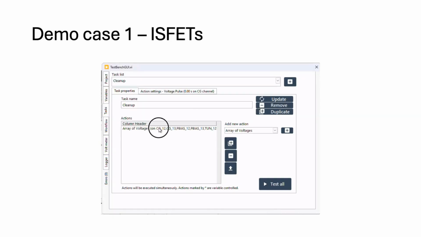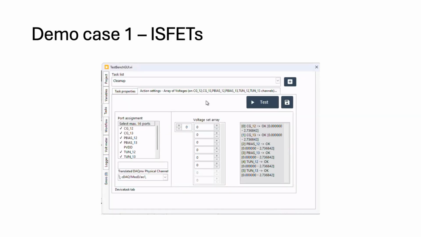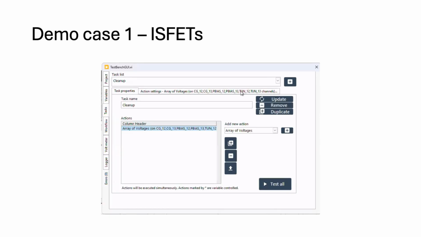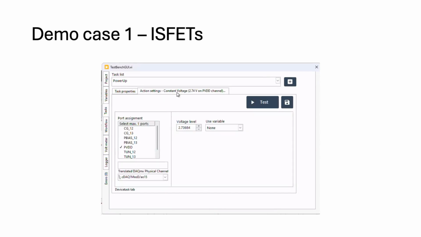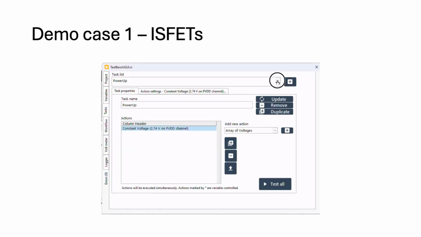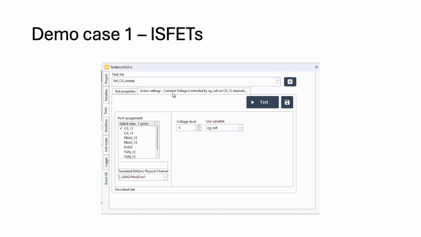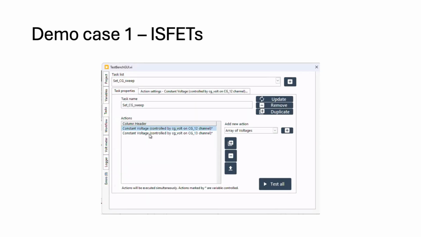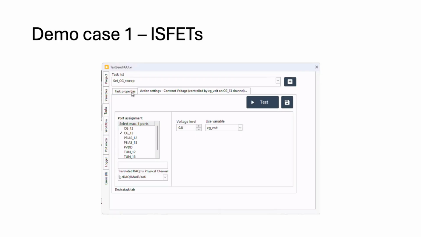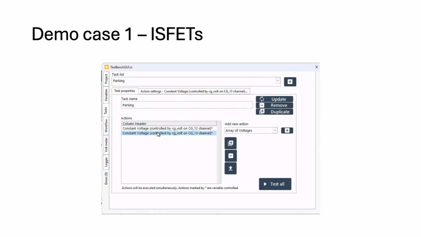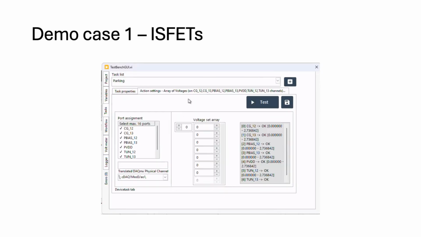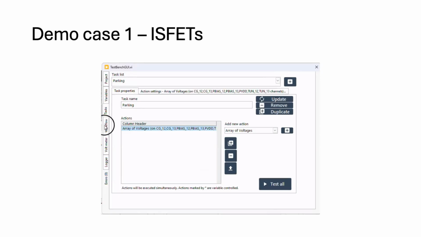For instance, this is the cleanup task in which we set up different voltages for the inputs. Then there is the power up task where we set up the 2.7 volts for the PVDD. Or here we have this CG sweep task, which sets up the CG voltage of CG12 and CG13 inputs, or this sparking task, which will reset the voltages on all voltage outputs.